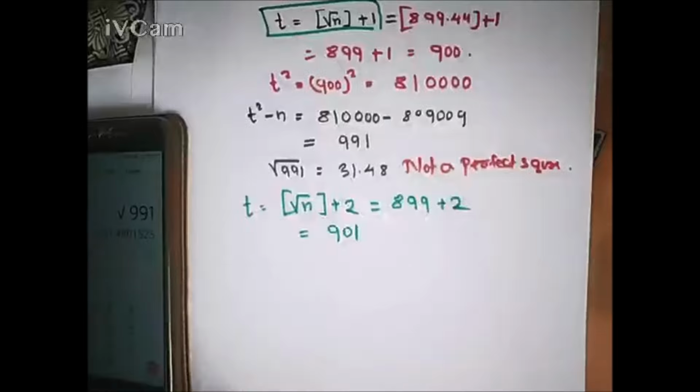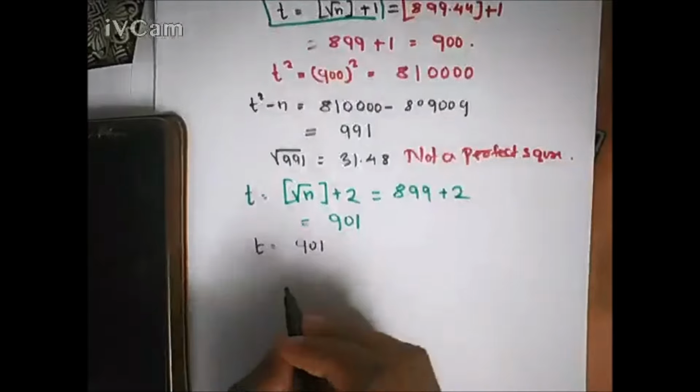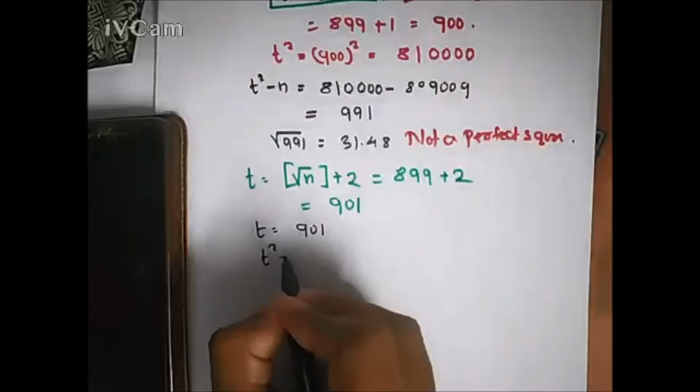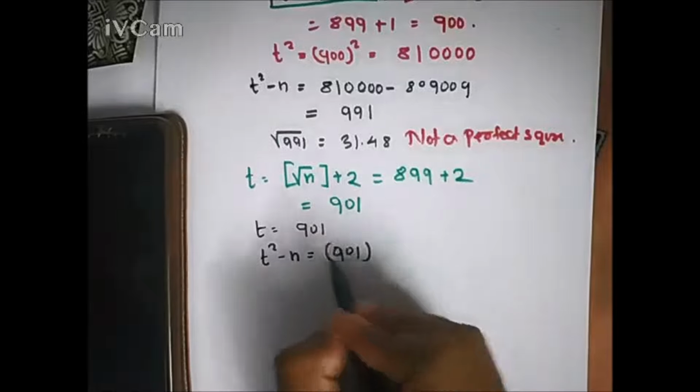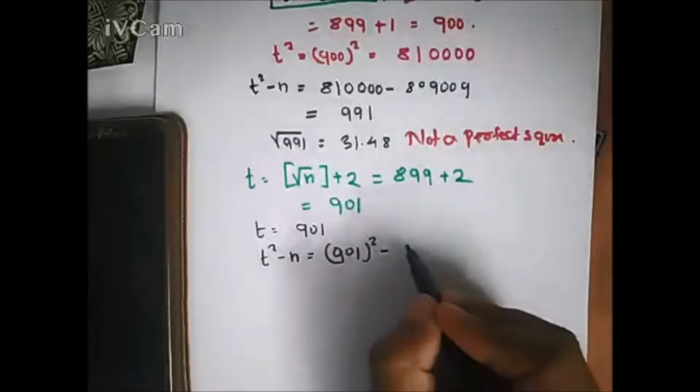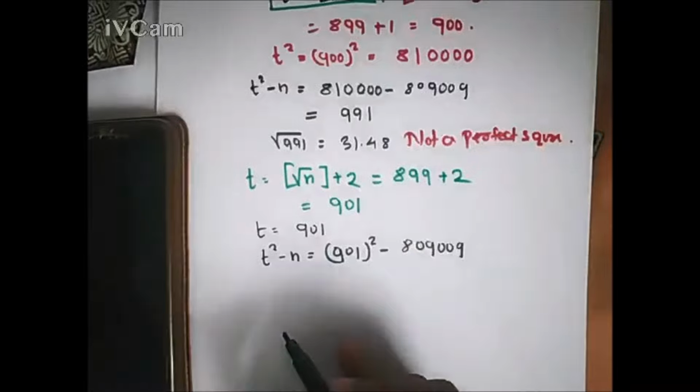Okay. Now by taking t as 901, we have to find t square minus n. 901 square minus 809,009.